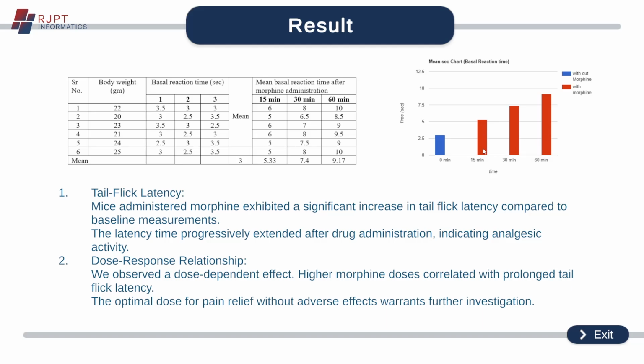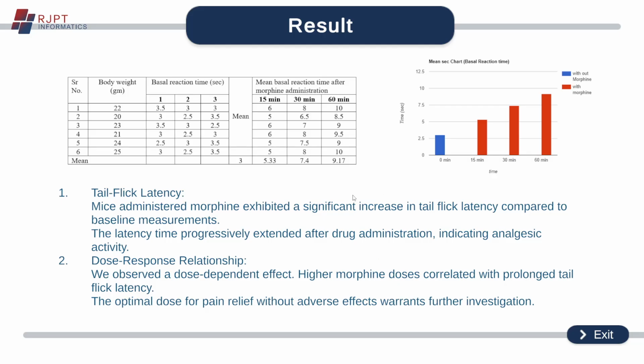So we can understand with the help of this bar graph that by increasing the time and increasing the dose of the morphine, we can increase the tail flick latency. The optimal dose for the pain relief without adverse effects warrants further investigation. And by this, we can calculate the optimal dose for the pain relief through the morphine through this experiment.